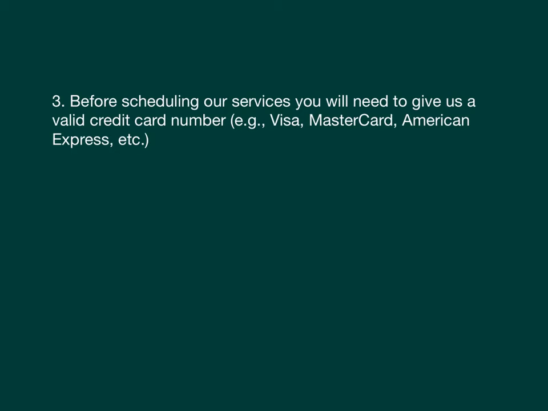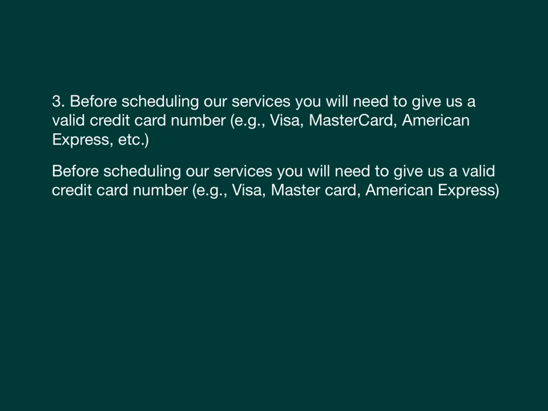Question number 3. Before scheduling our services, you will need to give us a valid credit card number, e.g., Visa, MasterCard, American Express, etc. Let's pause for a bit so that you can work on this, and the answer is on the next page. You can say, before scheduling our services, you will need to give us a valid credit card number, e.g., Visa, MasterCard, American Express.